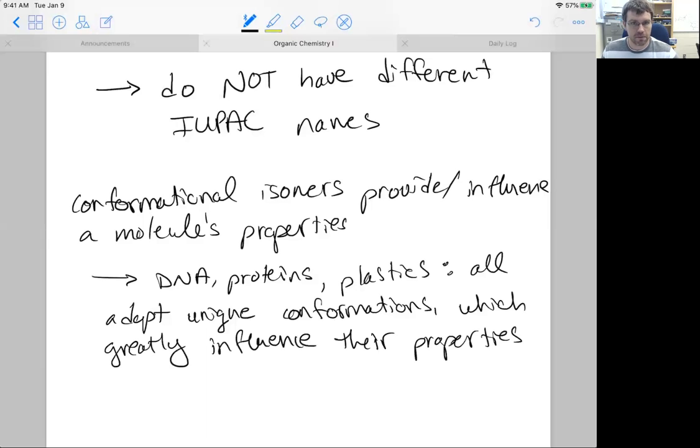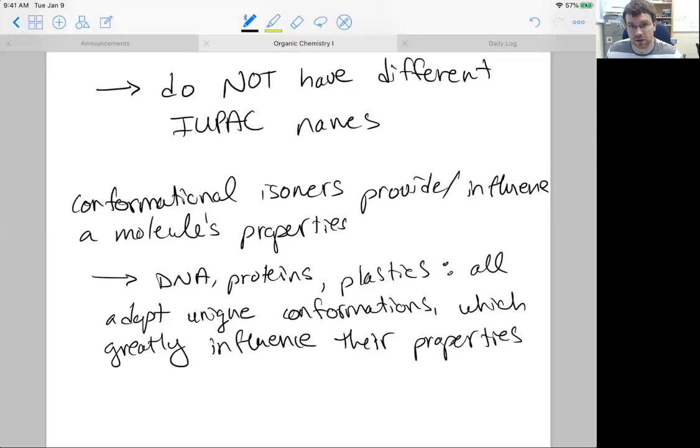A lot of the properties of these chemicals, which is the things people care about, whether they're physical or chemical properties, are governed by what sort of conformational isomers are available to the various molecules, whether they're small, tiny molecules, which I guess is less important, or the really big molecules, like plastics, for example.